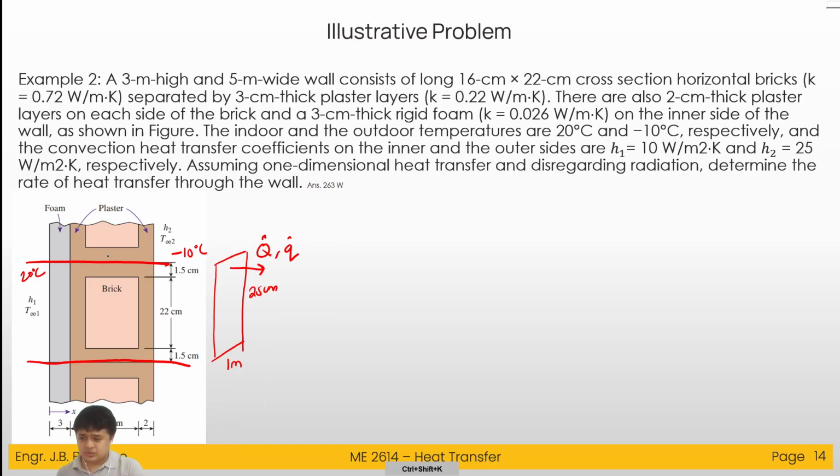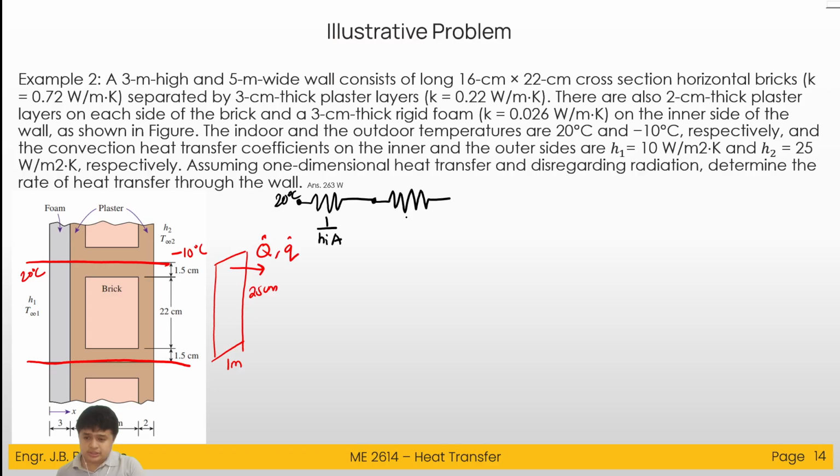Solving for this, we want to represent this wall in terms of its thermal resistance, no? So if this is 20 degrees Celsius, then you have a resistance here that is the convection heat transfer, which is 1 over HI A. And then after that, you have a foam layer.